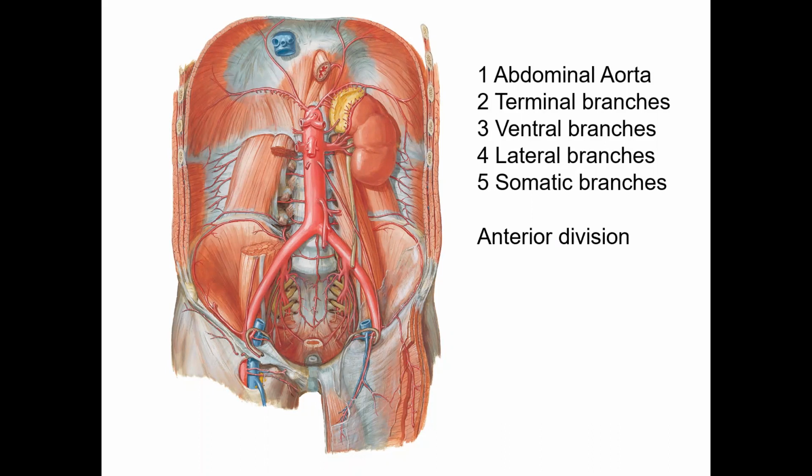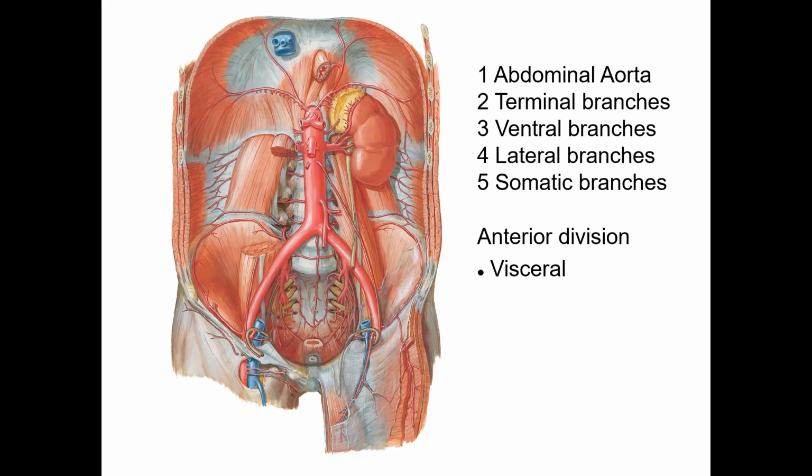Internal iliac, as we said, immediately divides into an anterior division and a posterior division as soon as it enters the pelvis. The anterior division gives visceral branches, which will supply the organs of the pelvis, the urinary bladder, which will be superior and inferior vesical. Inferior vesical essentially supplies the prostate.